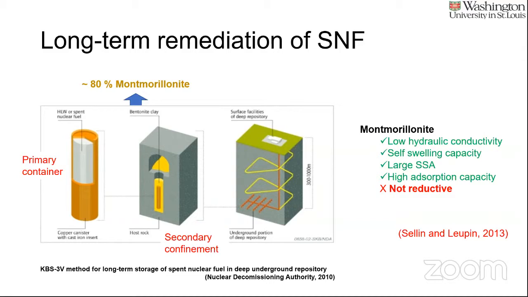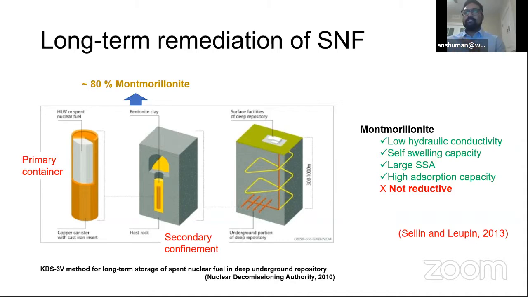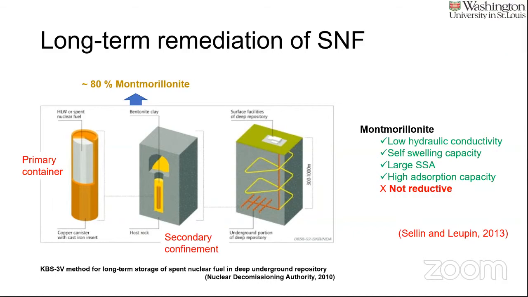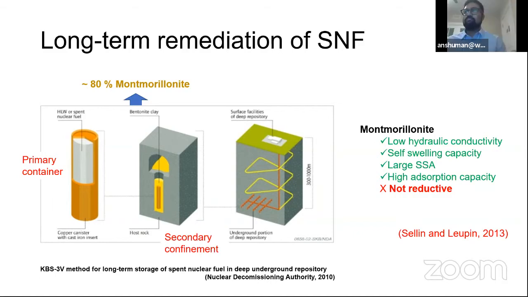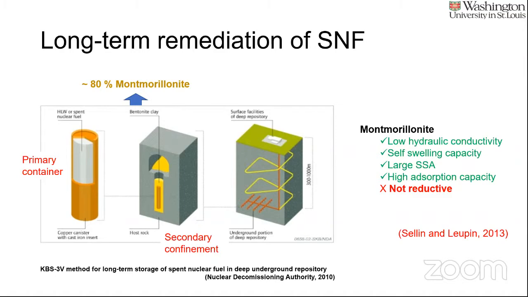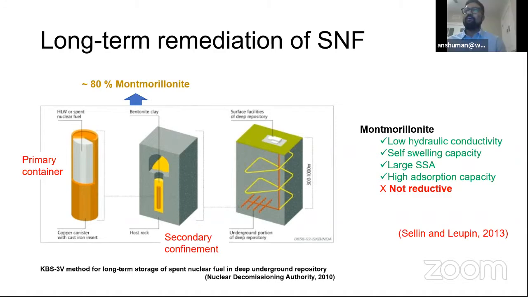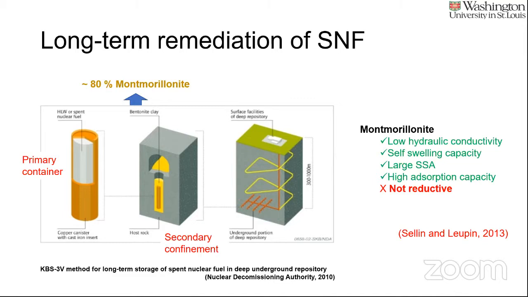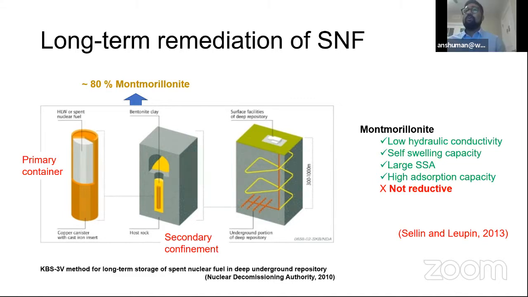Then these containers will be lowered inside deep underground repositories, almost 300 to 500 meters below ground level. Deep mine sites are very ideal locations for remediation of SNF. And then bentonite clay is a candidate material for packing these containers. So what is bentonite? Bentonite is more than 80% Montmorillonite.